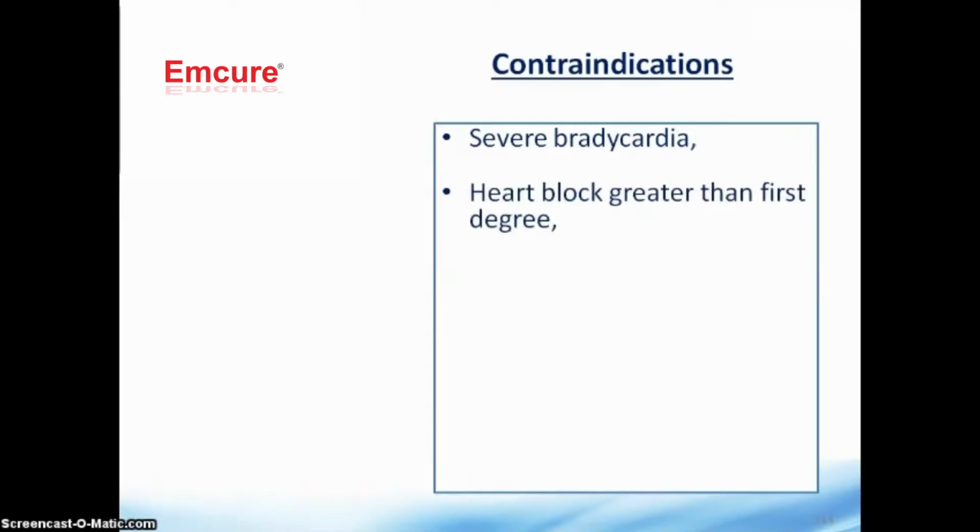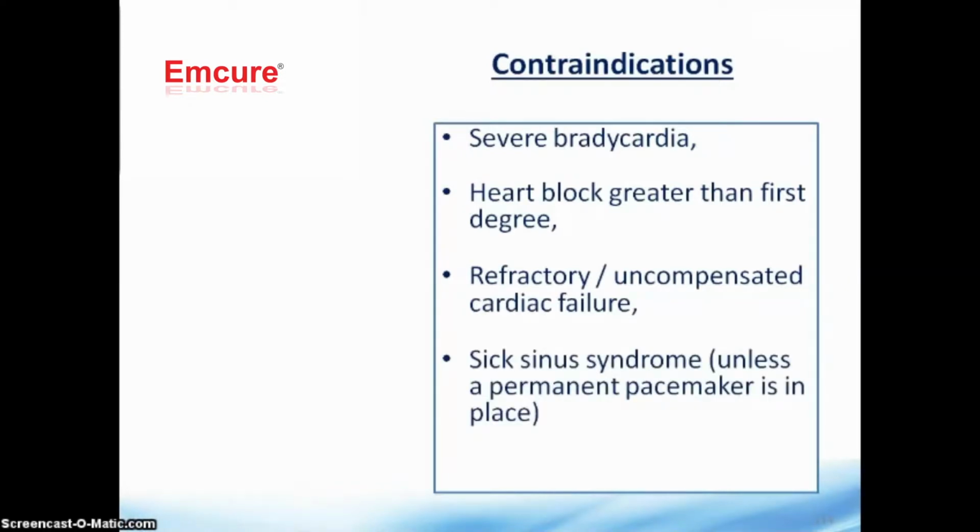So, what are the contraindications? Well, contraindications are limited to heart rate, that is severe bradycardia, heart blocks greater than first degree, refractory uncompensated cardiac failure, and sick sinus syndrome, that is, you probably need a permanent pacemaker because your sinoatrial node is sick or impaired, so you need an artificial pacemaker which can be implanted and which will act as the sinoatrial node, sending or starting the rhythm of the heart.